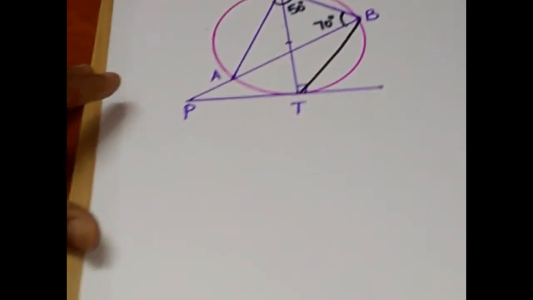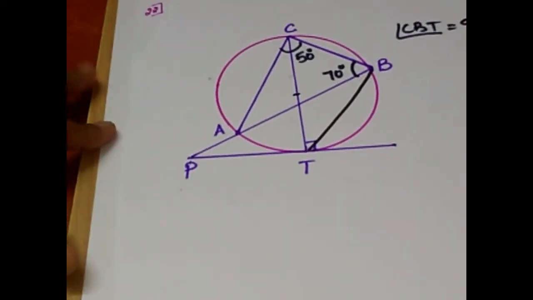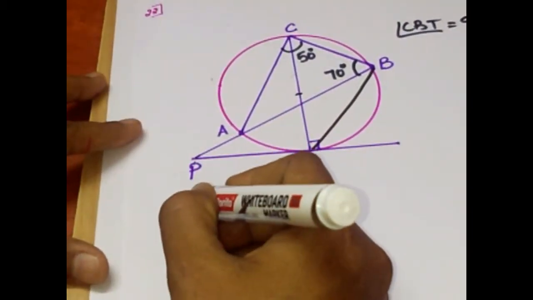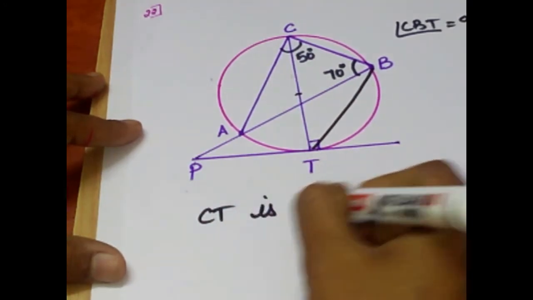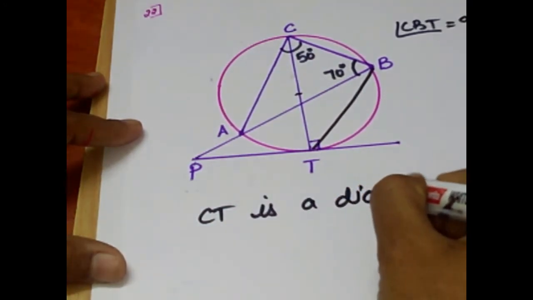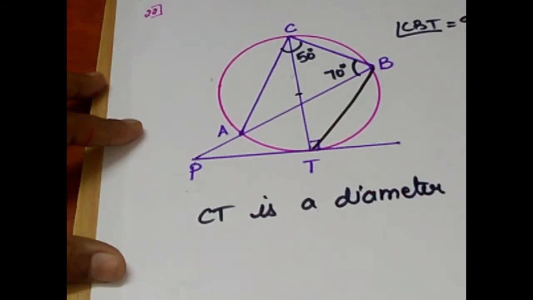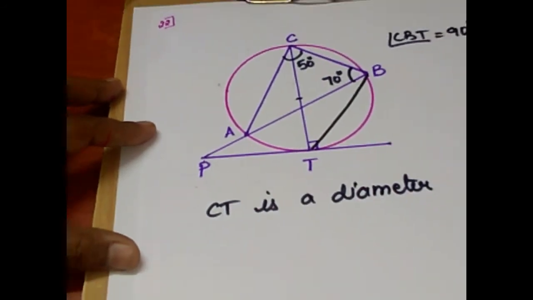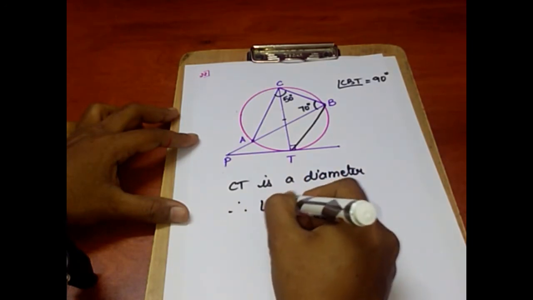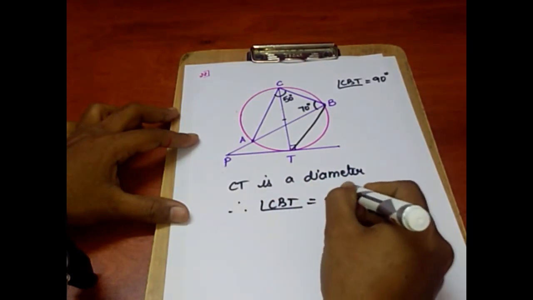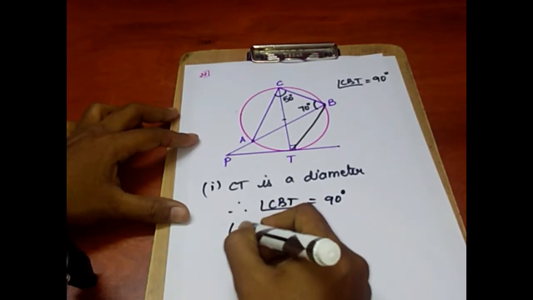Let us write this solution first. CT is a diameter. Therefore, angle CBT is equal to 90 degree.